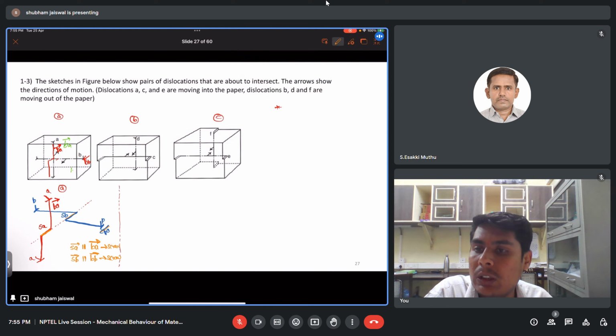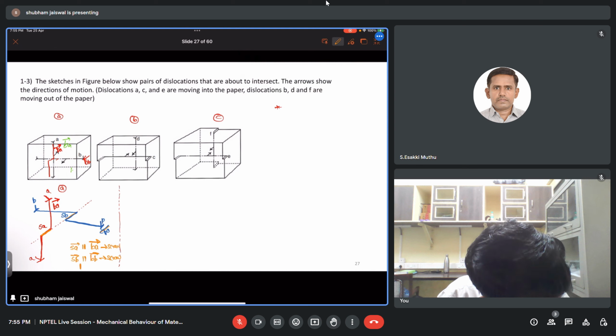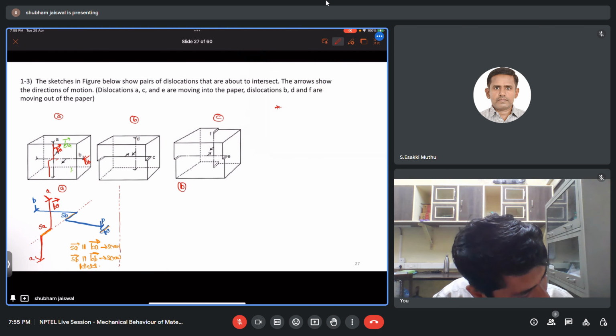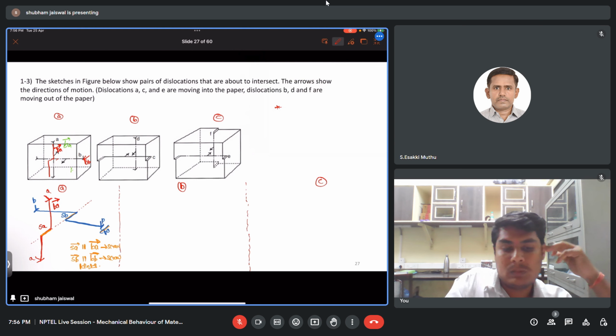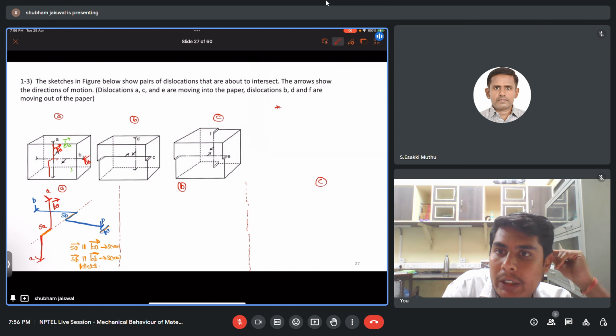And as these two dislocations, after intersecting, are not changing planes, these steps are nothing but kinks. So these are kinks. Now try to solve case 2. The step formed in SD has which character in case of B?